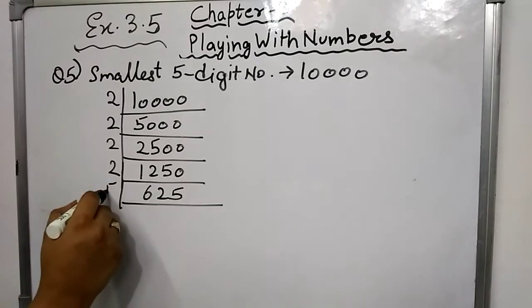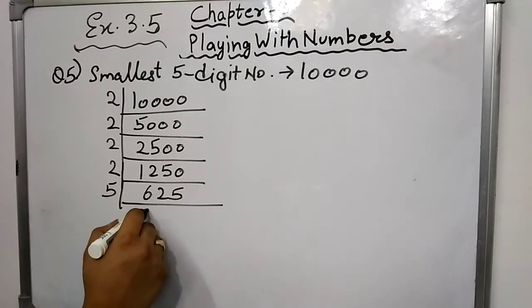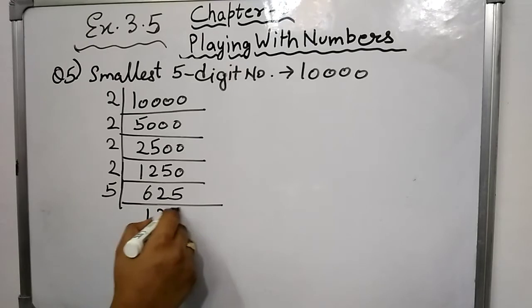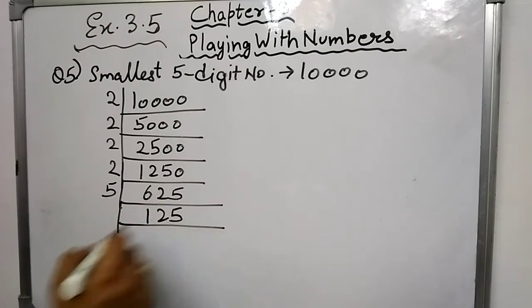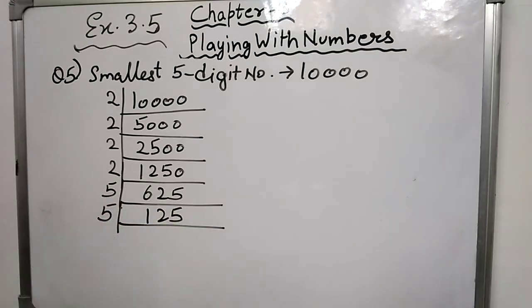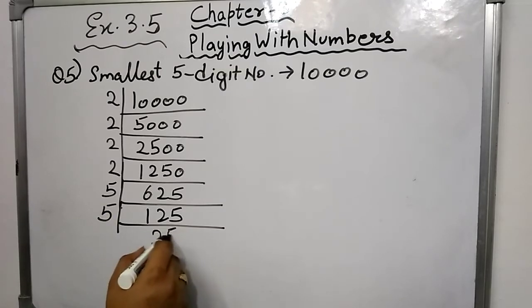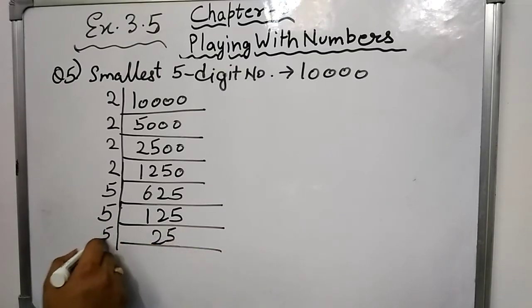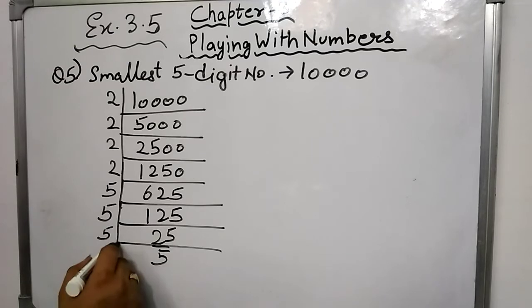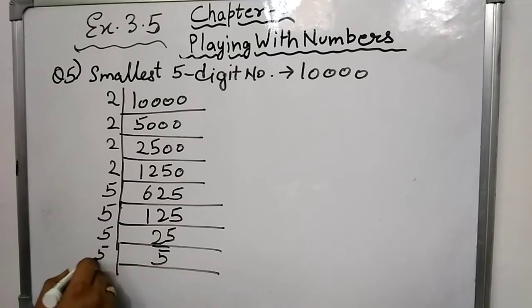This cannot be divided by 2. It is divided by 5, and you get quotient 125. Then you divide it further by 5 and get 25 as quotient. This 25 is divisible by 5, giving quotient 5. Again 5, giving quotient 1. Now we stop our division.